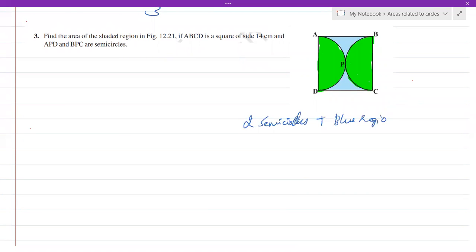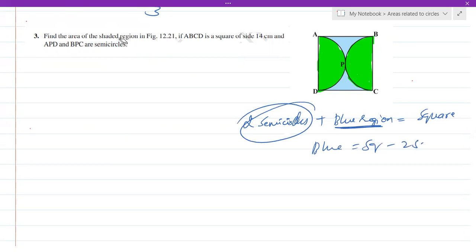If you add both you will get the area of the square, right? But what is required? You need the blue region, so you don't need the semicircles, so send them to the other side. So the blue region will be the square minus two semicircles, isn't it?